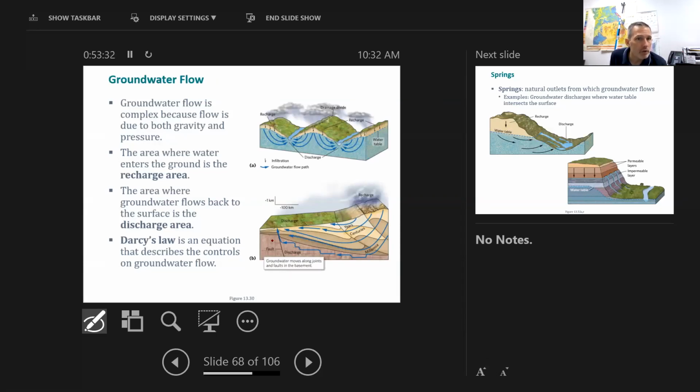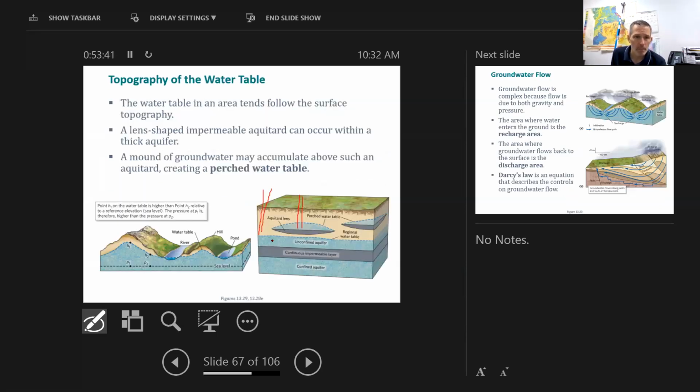So groundwater is always moving. It's due to both gravity, the overlying material, but also hydrostatic pressure. If we take a look at this point in the water table and this point in the water table, point P1 has a lot more water on top of it, so it's got more water pressure.